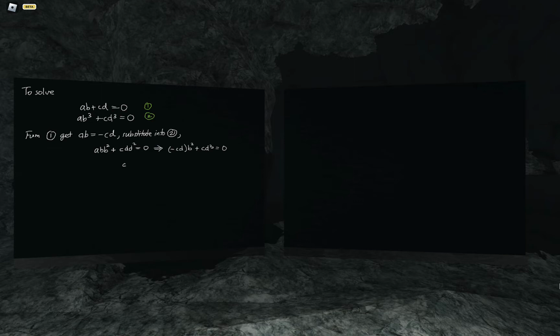So I get CD times (D squared minus B squared). Okay, so I get CD, (D minus B), (D plus B) is equal to 0. Okay, so now we're going to divide into cases, I guess.